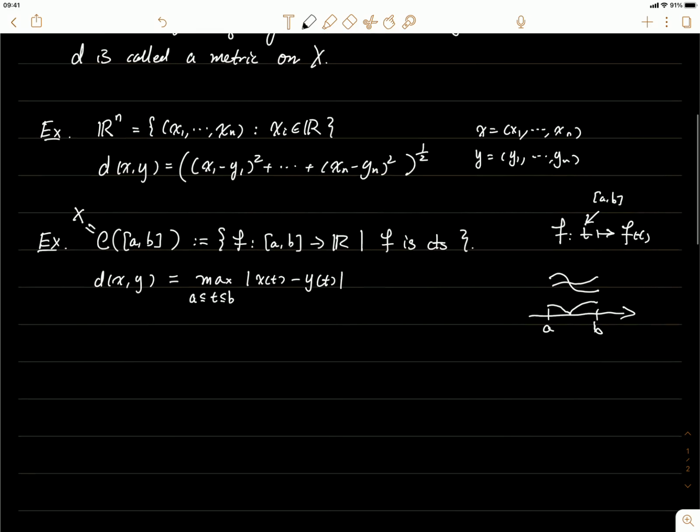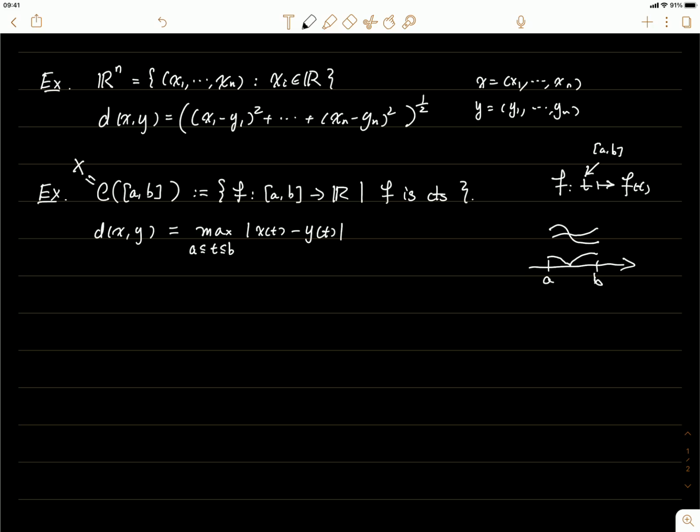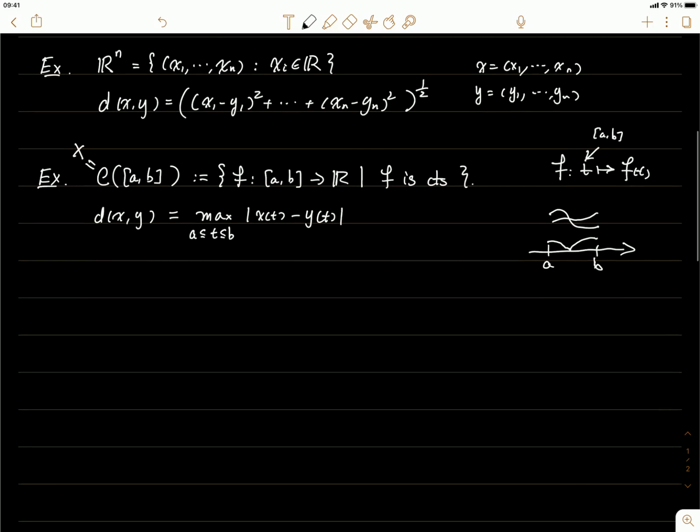Okay, so the importance of the distance or metric for metric space is that right now the X is not simply a set with a bunch of points, but we actually can discuss the relationship between the points. And one of the most important relationships between them is about convergence. Okay, so I'm going to define what is the convergence since we have the metric or the concept of distance now.